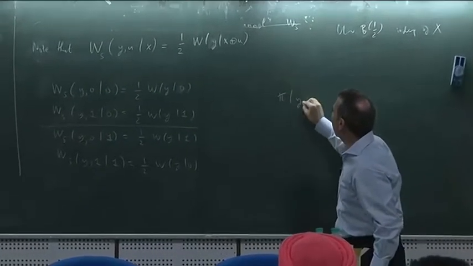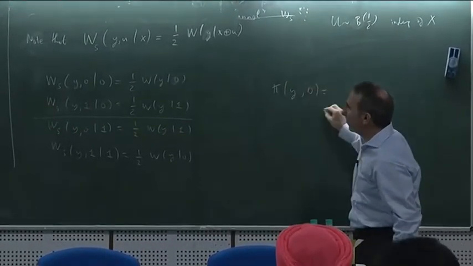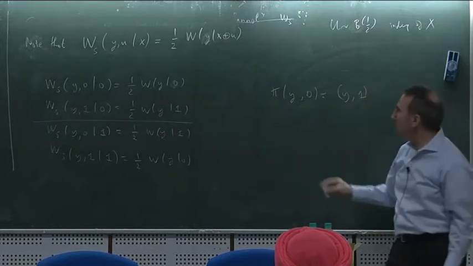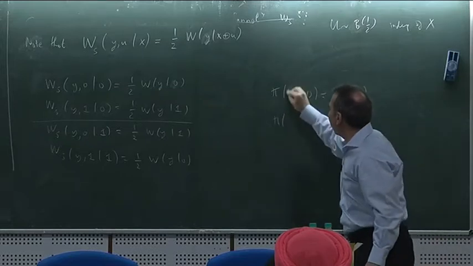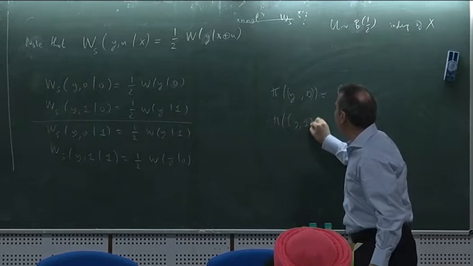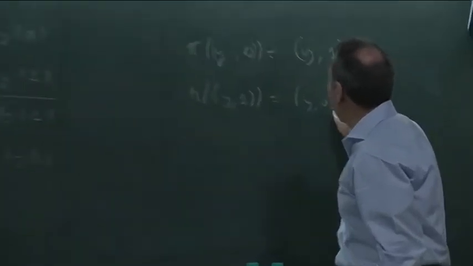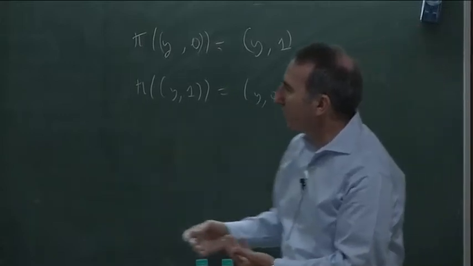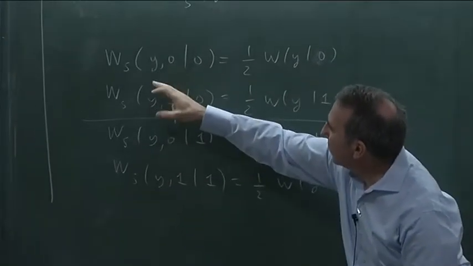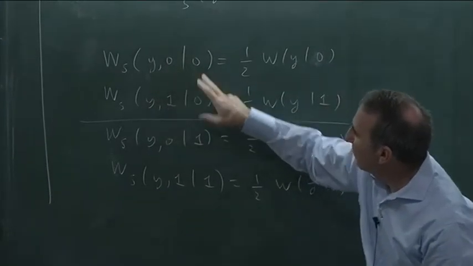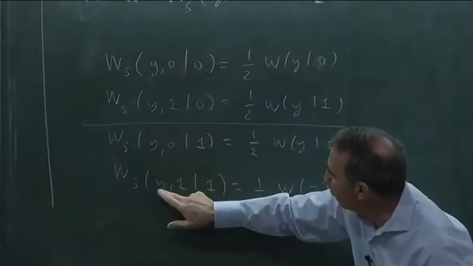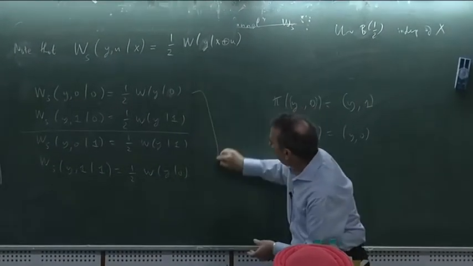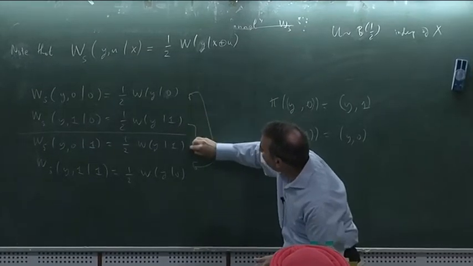So pi of the y given 0 is y1, okay, and pi applied to y and 1 is y and 0, right? If I do this permutation, you see that W of a certain channel output given 0 is the same as the permutation of this given 1. These two numbers are the same. These two are equal.